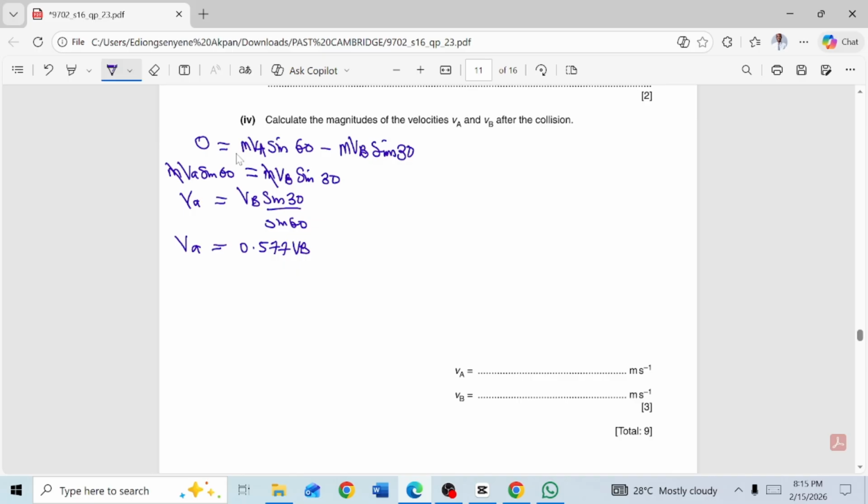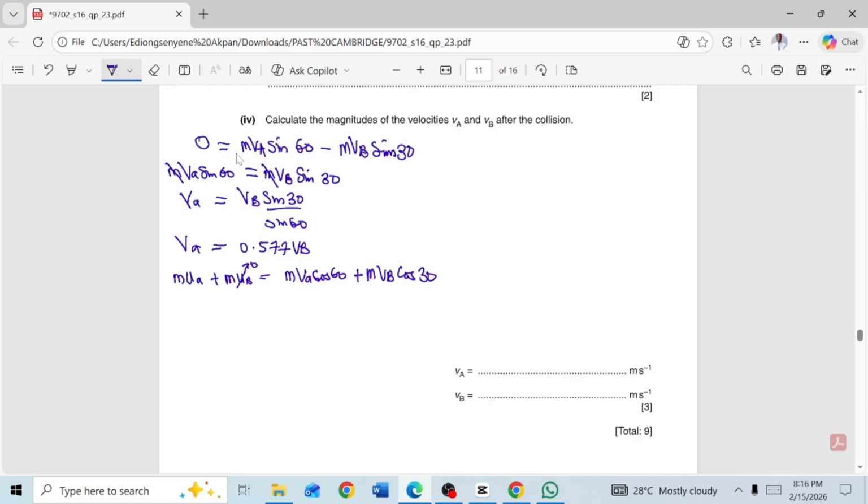Let's go to the horizontal components. m UA plus m UB equal to mVA cos 60 plus mVB cos 30. Because our second object is stationary, we take that out.